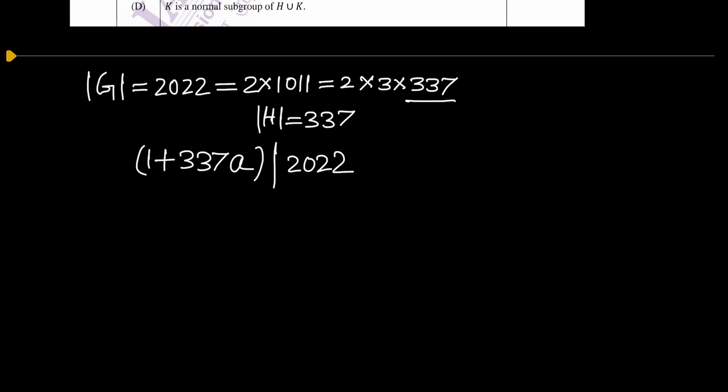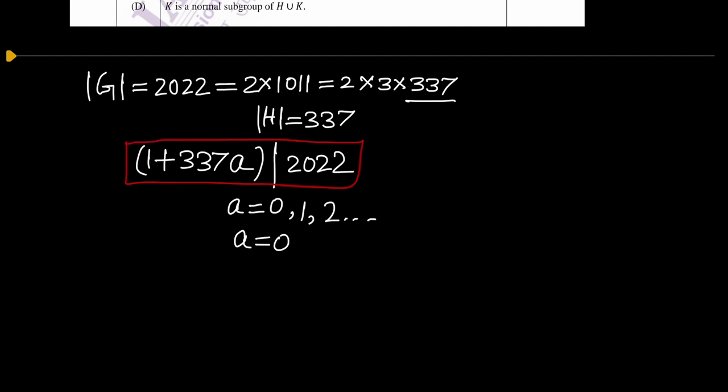If you check, since A is an integer, and keep in mind A is not a negative integer, you should take A equals 0, 1, 2. Then there will be only one value of A, that is 0, for which this relation holds. If you put A equals 0, then 1 divides 2022. This is true.